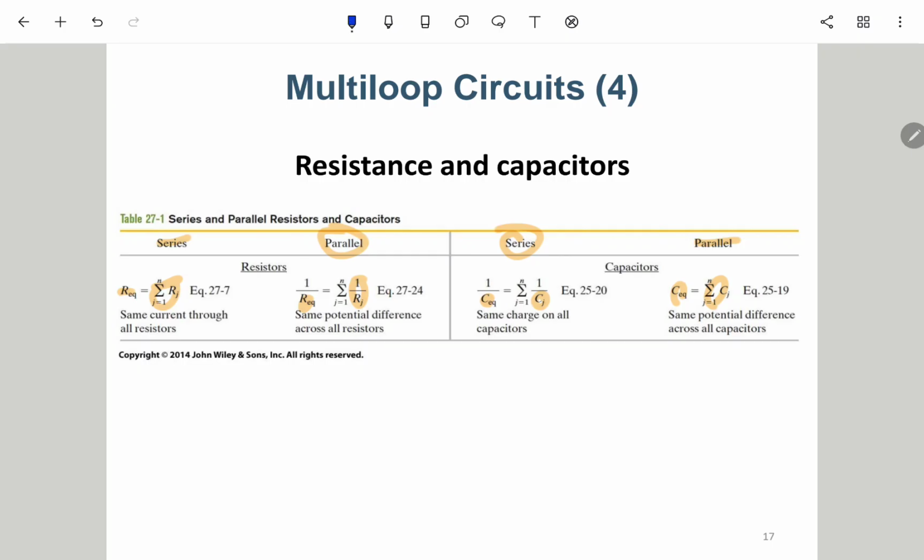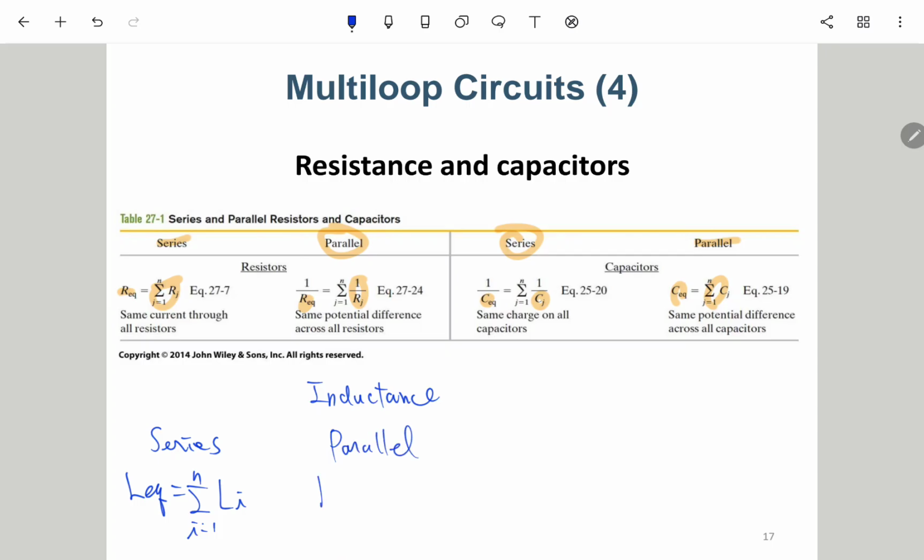One more thing. How about the inductance? For the inductance, if it is in series, Leq will be the summation of Li, i equals 1 to n. So inductance will be similar to the resistance in terms of series or parallel.